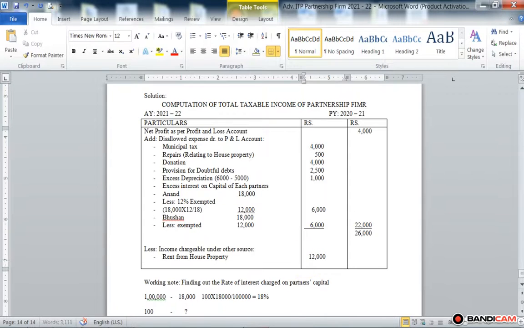Then next, that is interest. So interest on post office savings bank account, amounting to rupees 1,000.